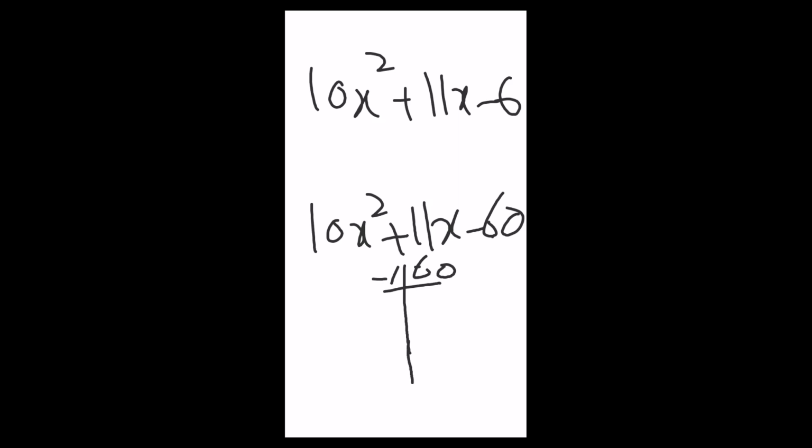Then the next one, minus 2 and 30, exactly. Then minus 3 and 20. Then minus 4 and 15. Minus 5 and 12, exactly. Now see, I think we are enough till here.